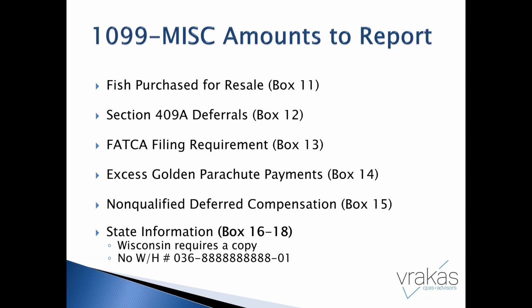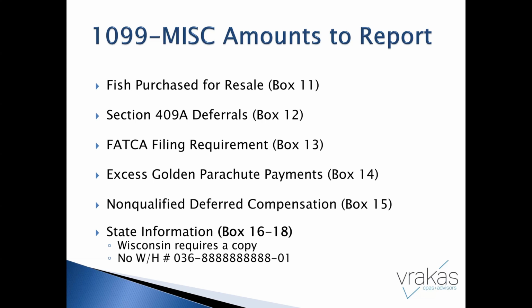This is if you have a foreign entity involved in the whole transaction. There might be some filing requirements, and this is a box that would need to be completed as well. Excess golden parachute payments. Can't say I've seen any of those in a long time either, but non-qualified deferred compensation I have seen as well. I have seen that one.